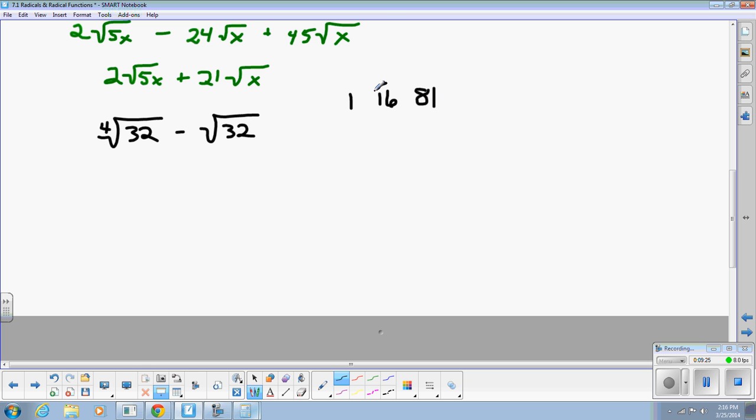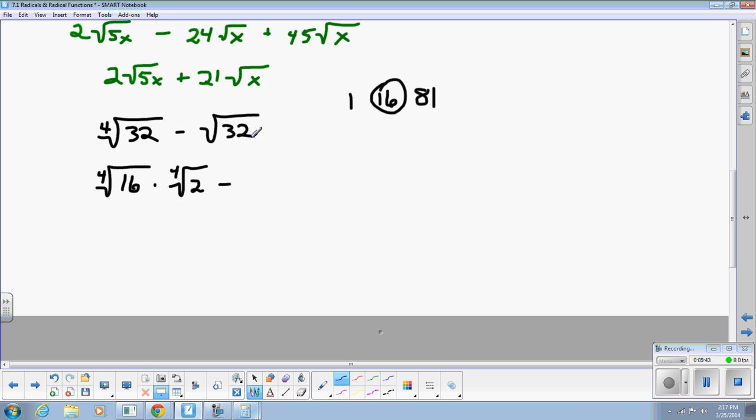I'm probably looking for a factor of 16 in here, aren't I? So the fourth root of 32 is like the fourth root of 16 times the fourth root of 2 minus, now, perfect squares.